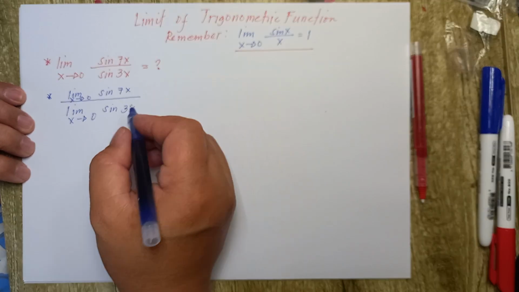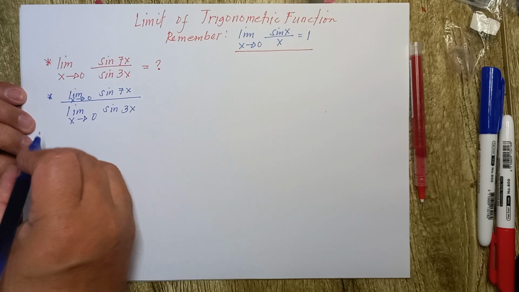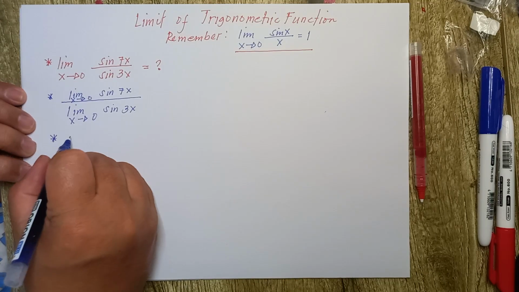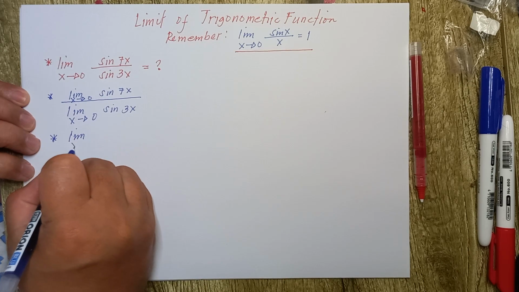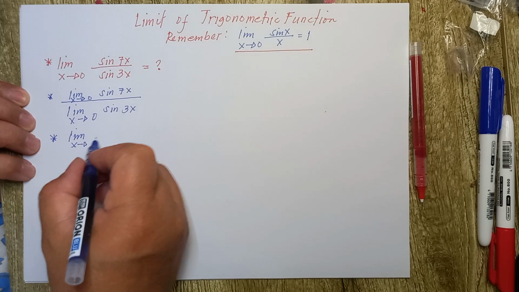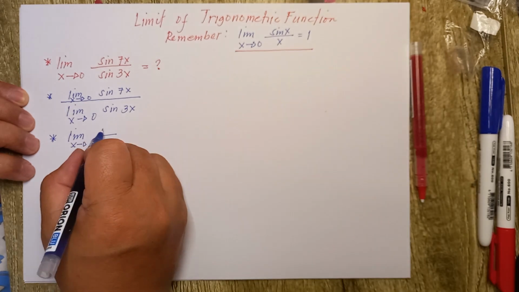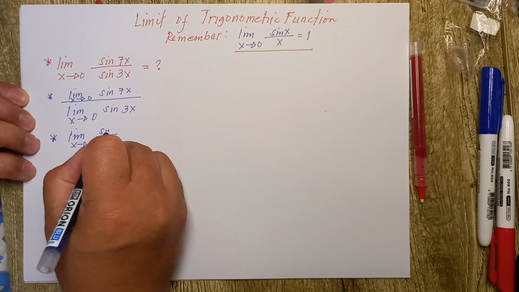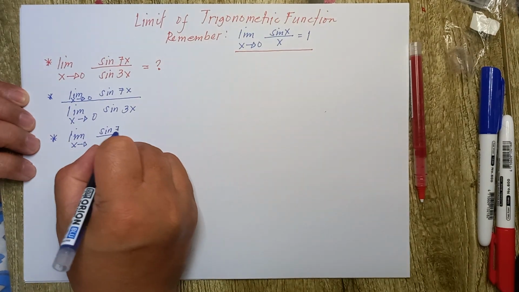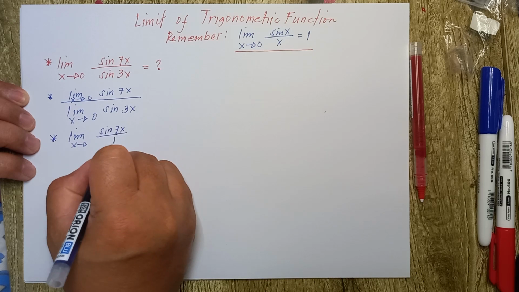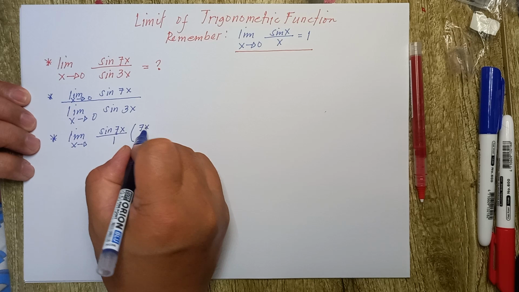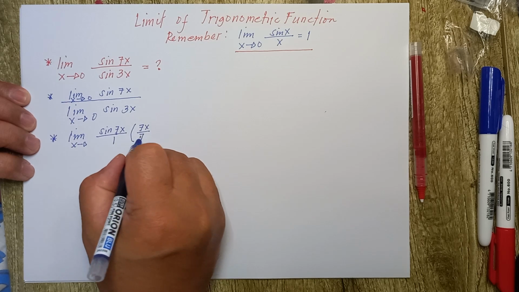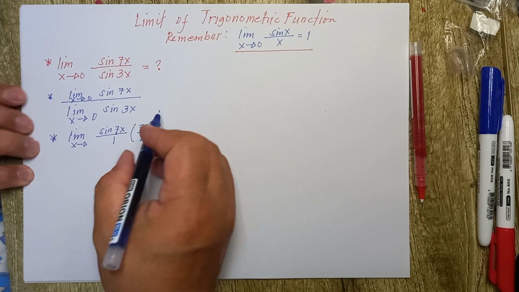So we can have another statement: the limit as x approaches 0 of sine 7x over 1 multiplied by 7x over 7x, multiplied by 1.